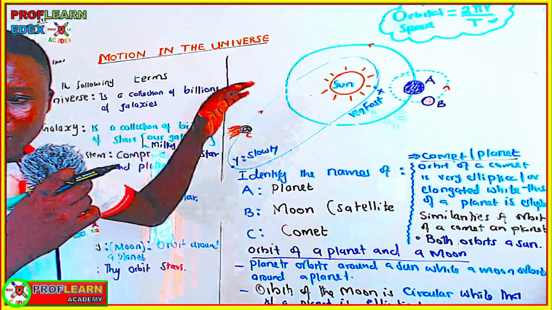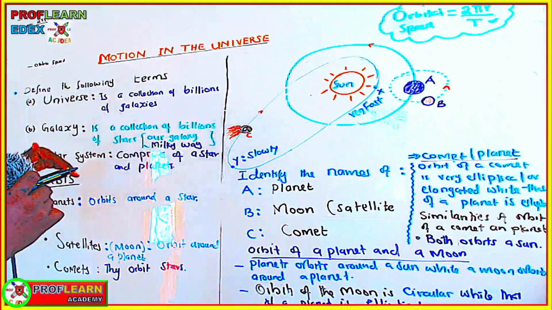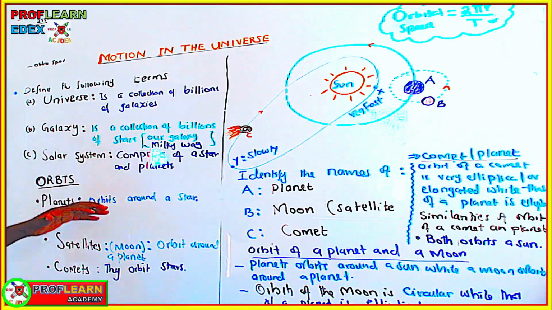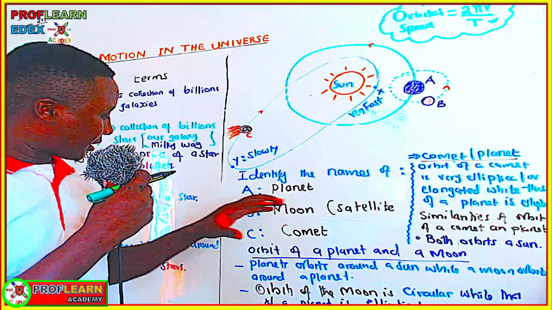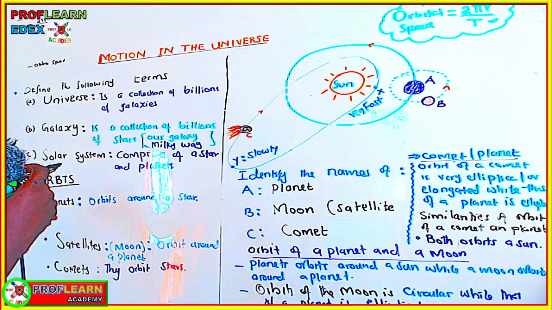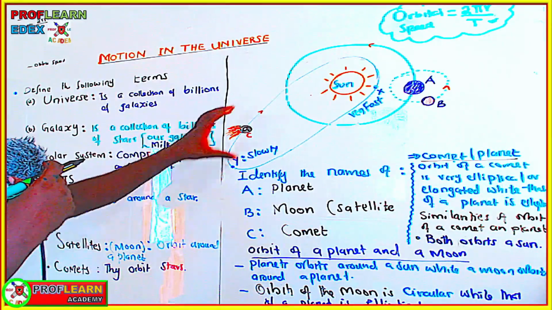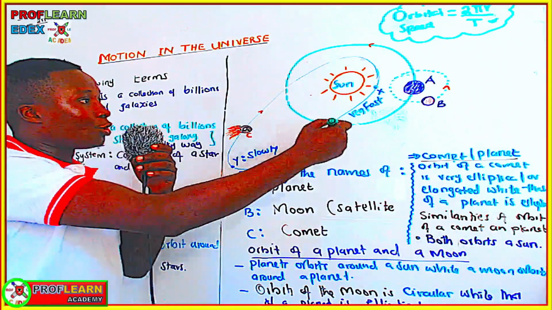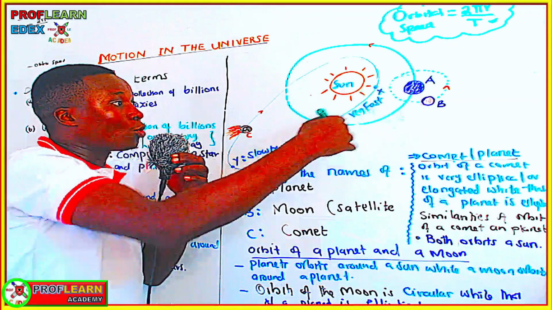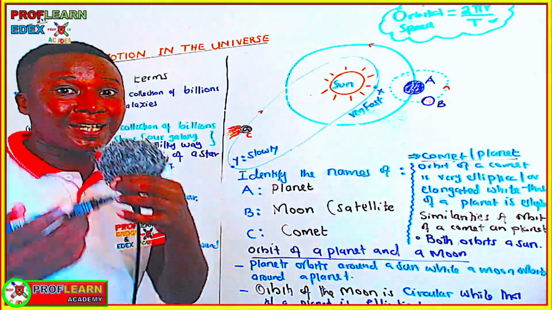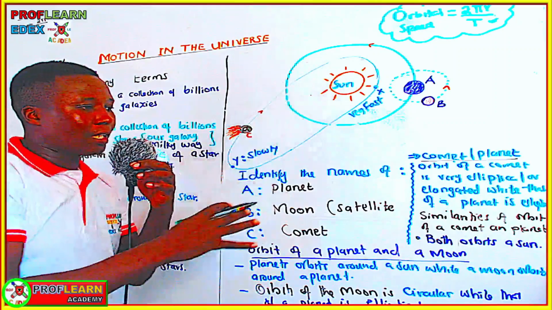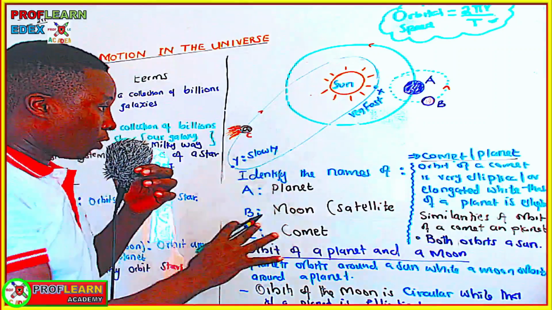So make sure you remember all these concepts. Understand the definitions of the universe, galaxy, and the solar system. Understand the characteristics of the orbits of planets, satellites, and comets. If you are given orbits, you should be able to identify which one is a comet, which one is a planet, and which one is a satellite, by looking at the nature and characteristics of the orbits.